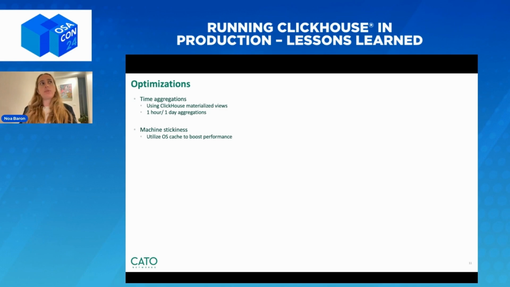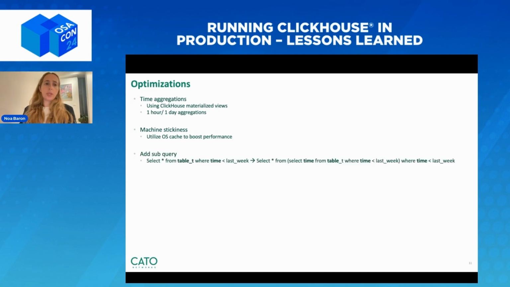So basically, queries for the same customer and same period of time will be directed to the same machine. We can add a subquery sometimes if we have a query for a large number of fields, which again requires loading a lot of data from the disk.